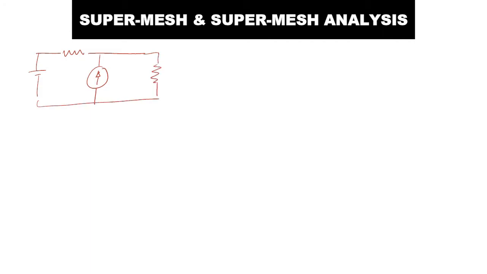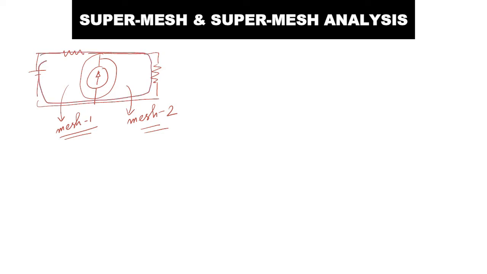So what is happening? See, this is mesh 1 and this is mesh 2. Now this current source is common to both the meshes, mesh 1 and mesh 2, so we can consider this as a super mesh. I think the definition of super mesh is very clear.